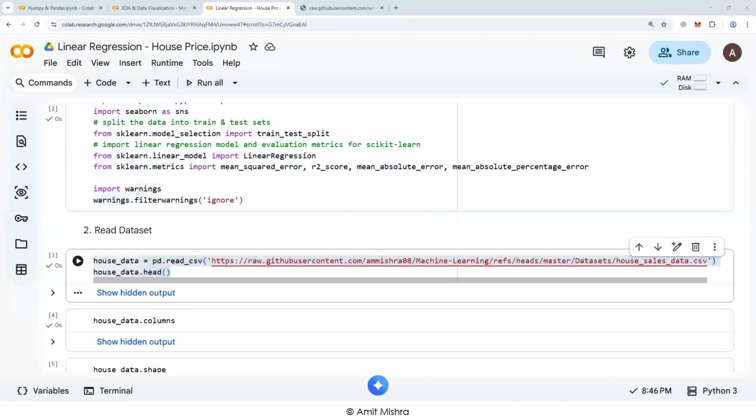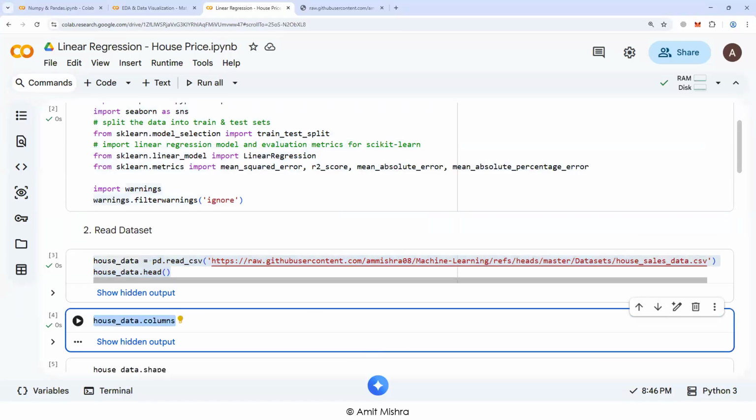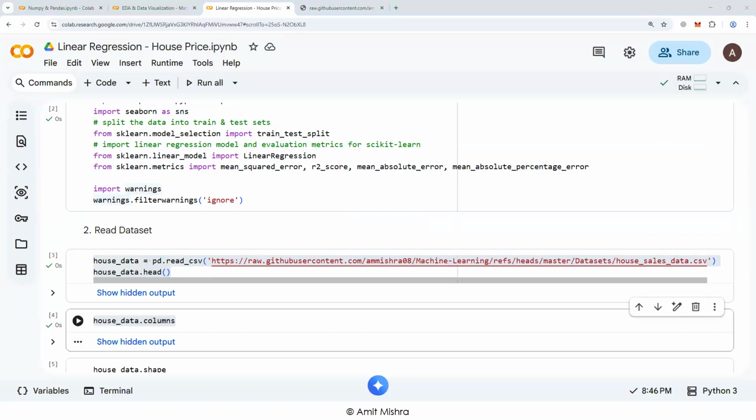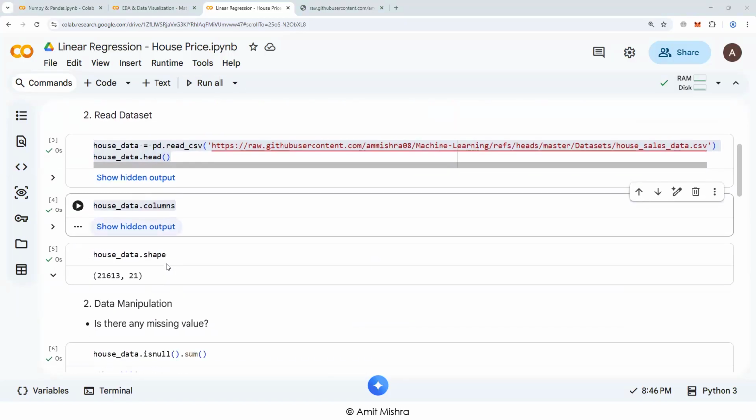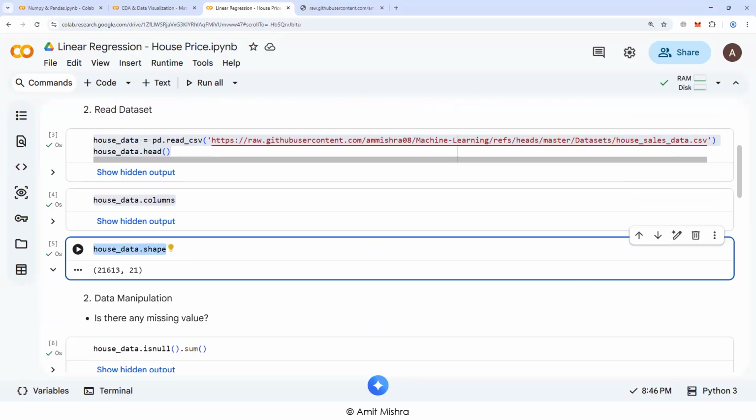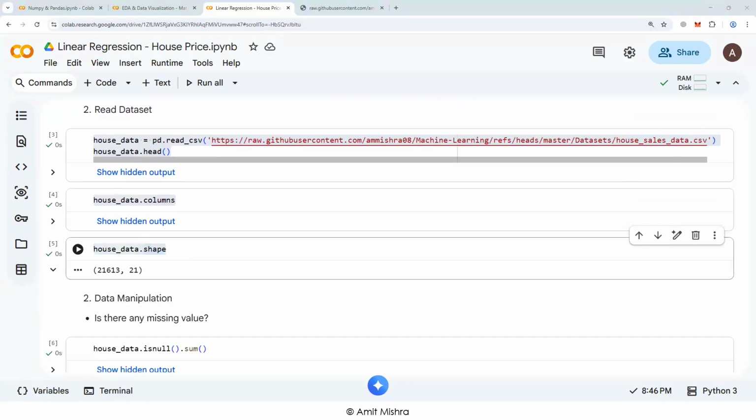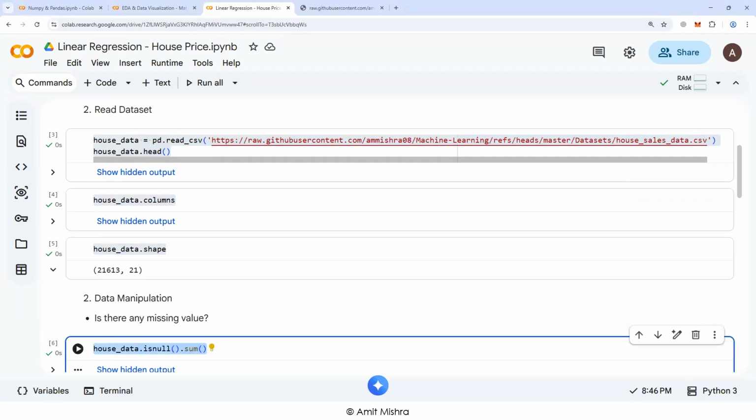Read the packages, read the dataset, columns, shape of the data, isnull dot sum.